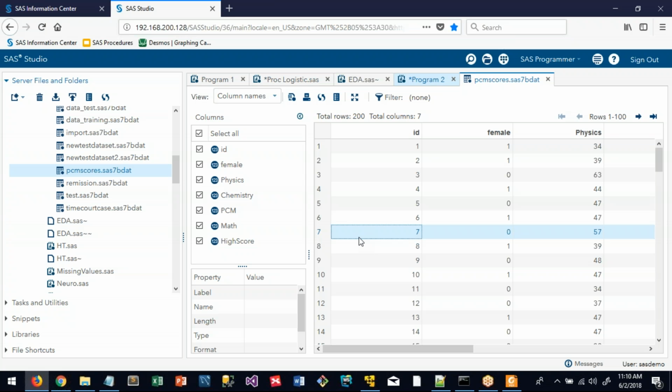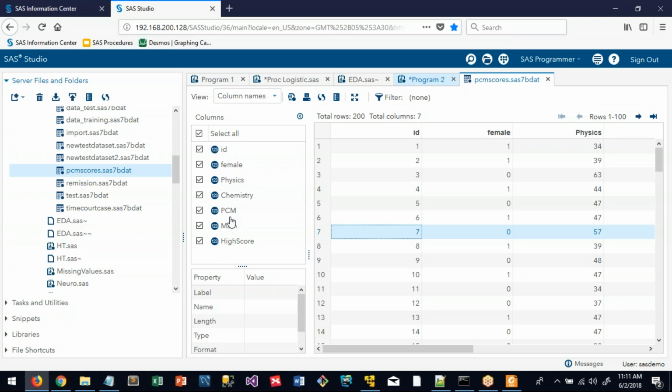Now, the purpose of all of this was that we wanted to predict, what was the relationship we were trying to establish? In logistic regression, we were trying to establish whether there is a relationship between the high score obtained by an individual in this data set and the marks obtained in individual subjects and the gender. Gender is definitely one; in this, female is the one we're considering.